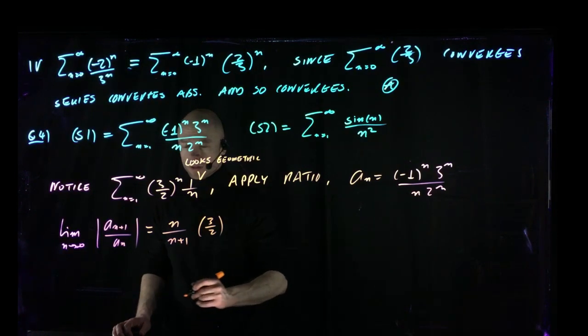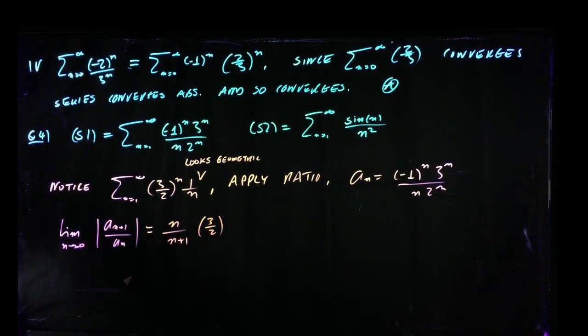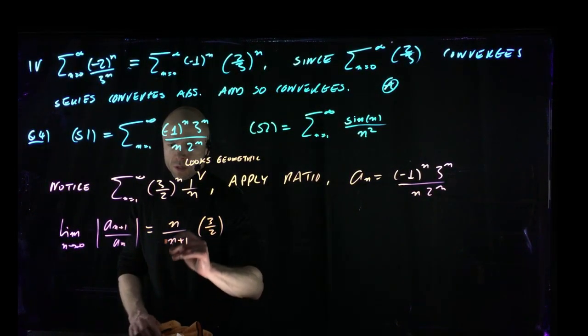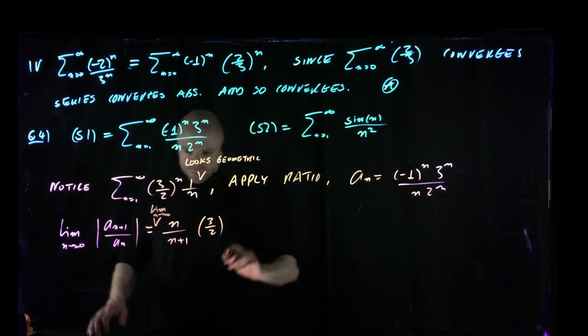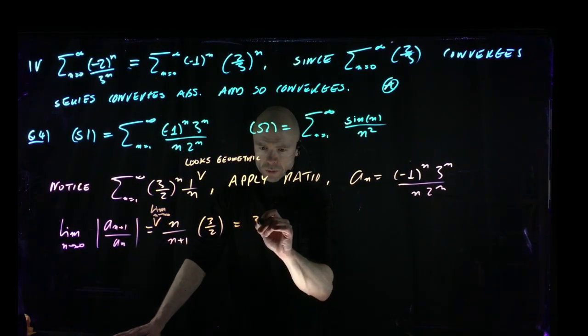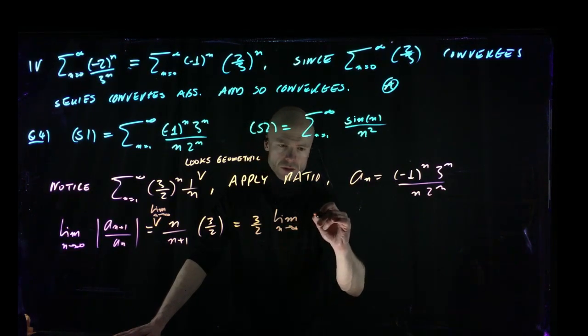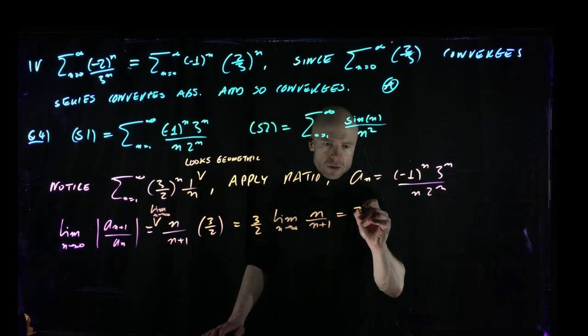I should put the limit signs. Okay. And then the 3 over 2 we can just pull out. So then this is the limit as n goes to infinity of n over n plus 1, which is just 1, so we get 3 over 2.